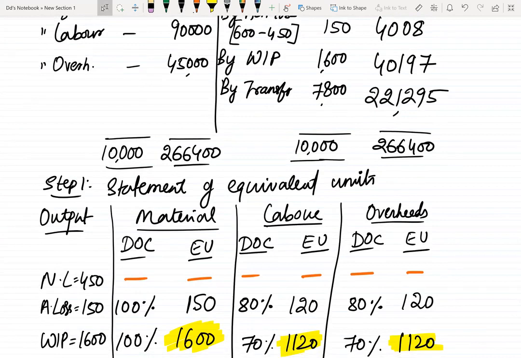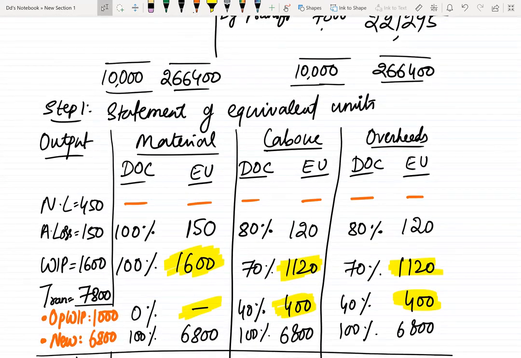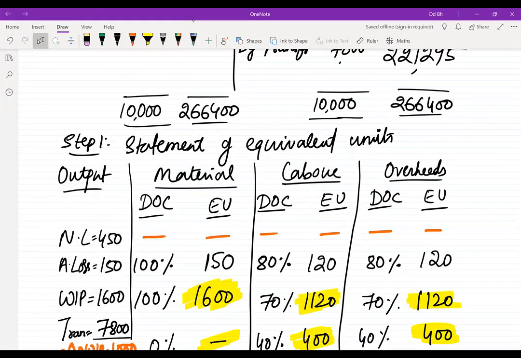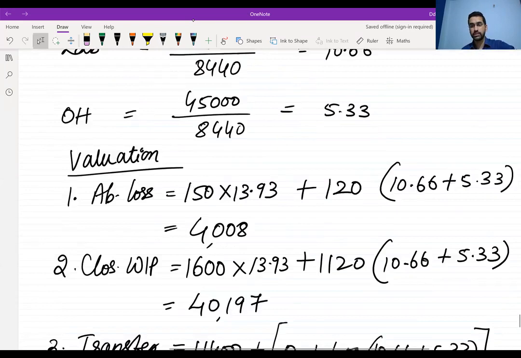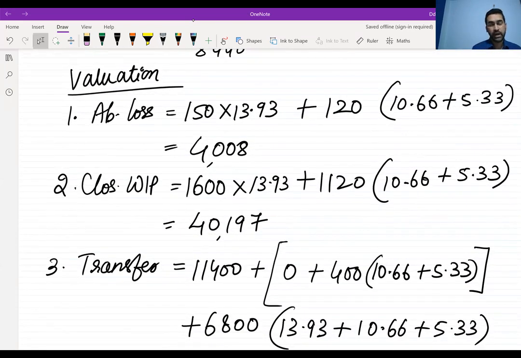End of the answer. These kind of questions can come for 10 marks. You will have 2.5 marks weightage. Process account, step 1, step 2, step 3. Everything should be shown in detail.